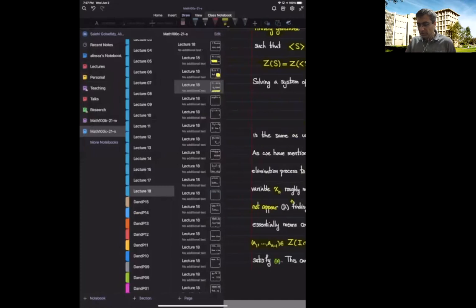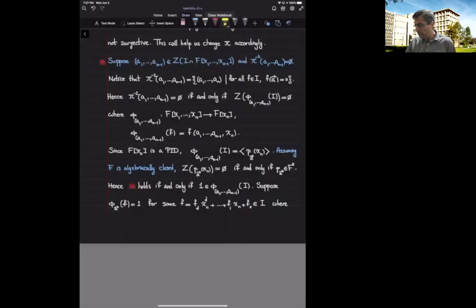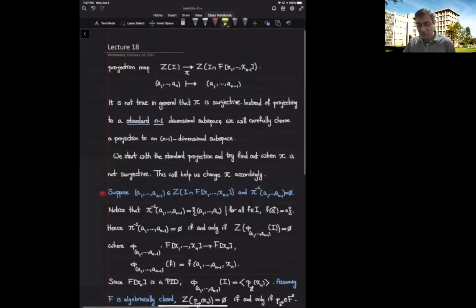Now, what we want to do is to find out precisely under what conditions such a system of equations has a common zero. Now, let's try to formalize what we have been doing. Essentially, we looked at the set of zeros of I, and then we projected that.